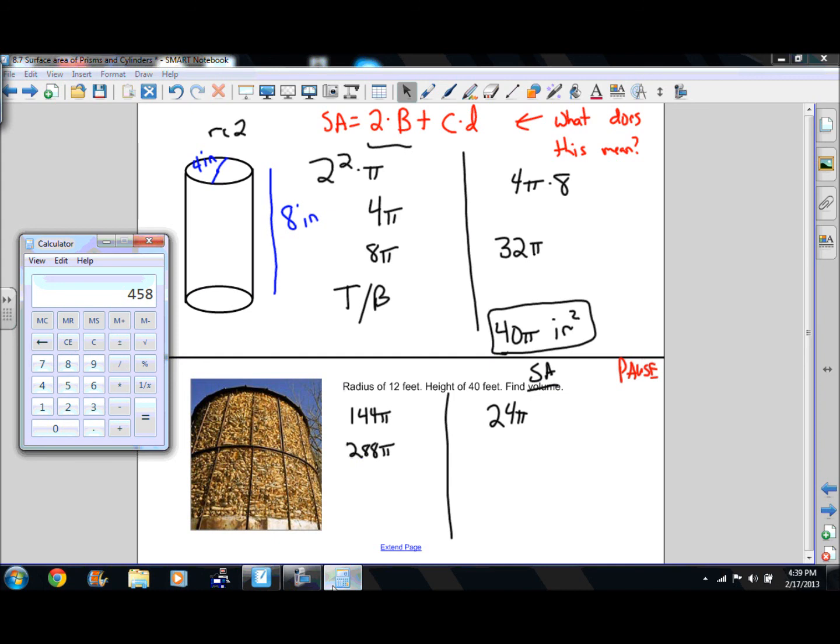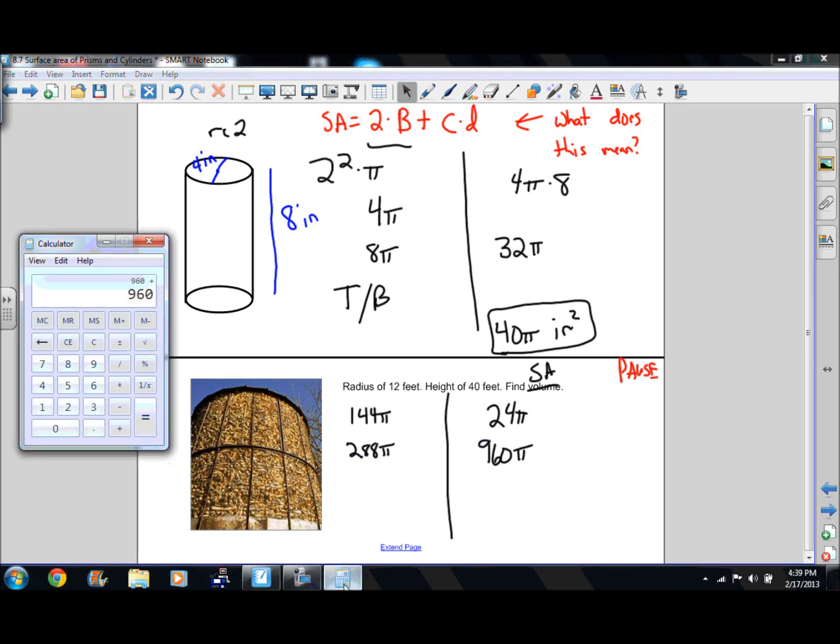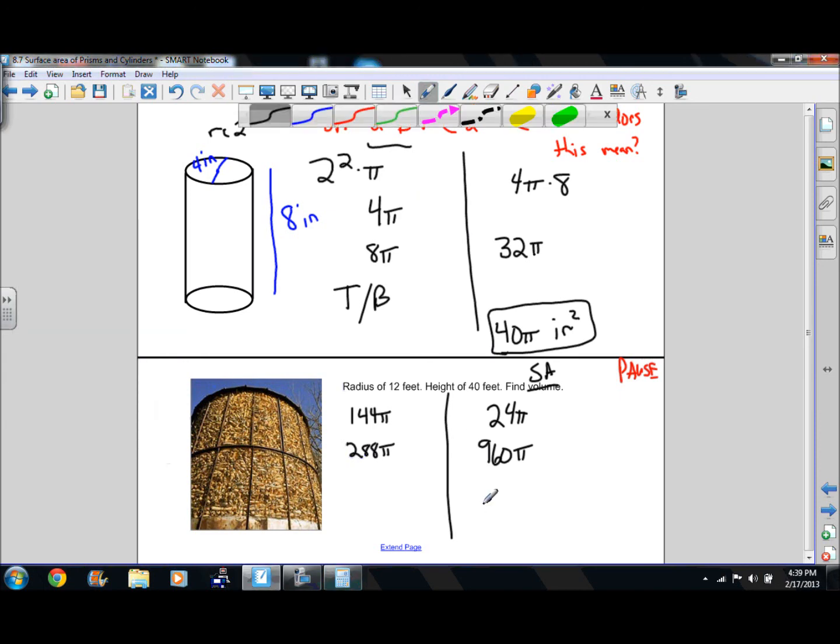So that's 24 times 40 is 960 pi. And now we just add those up. 960 plus 288 is 1,248 pi. And if you multiplied that out, it'd be the same thing. Okay, and the label here is going to be feet squared. And that's the surface area.